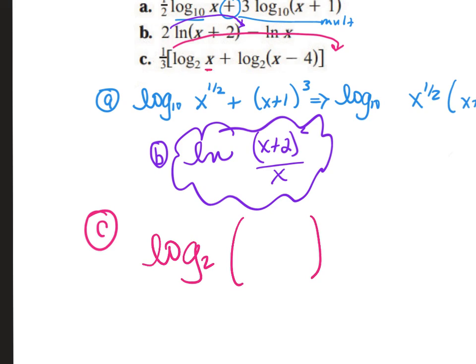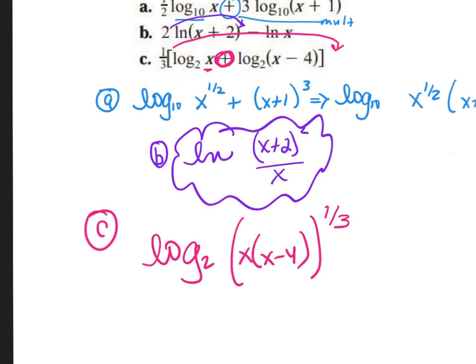What about what's left in my brackets? What does this mean I have to do with those two terms? You multiply them together. So I have x times x minus 4. And you guys told me it was all raised to the what? To the 1/3 power.